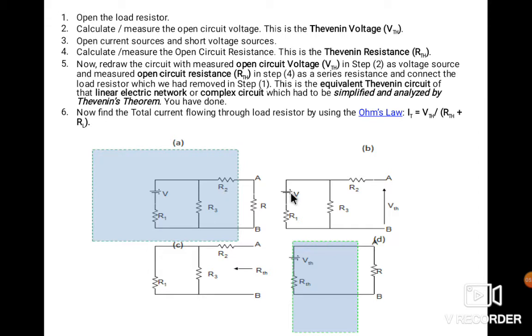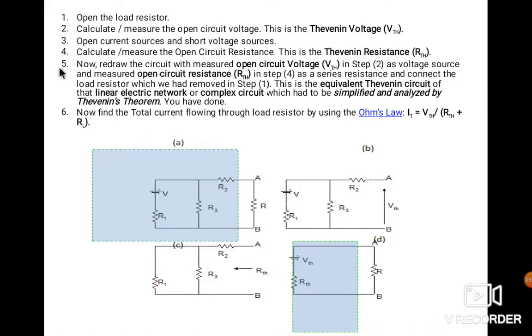If in the problem a current source is there, then open circuit that terminal. Here it is a voltage source, that's why I have short circuited this voltage source like this. In figure C there are no voltage sources. Then find out the RTH by series parallel circuit reduction.